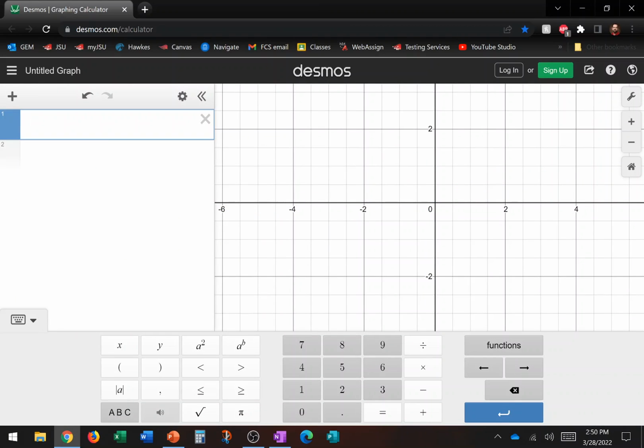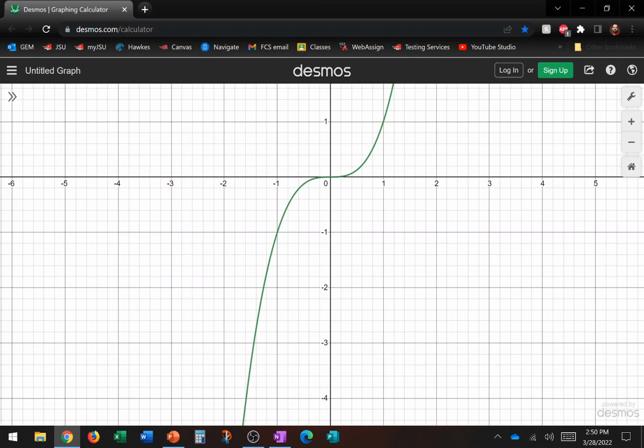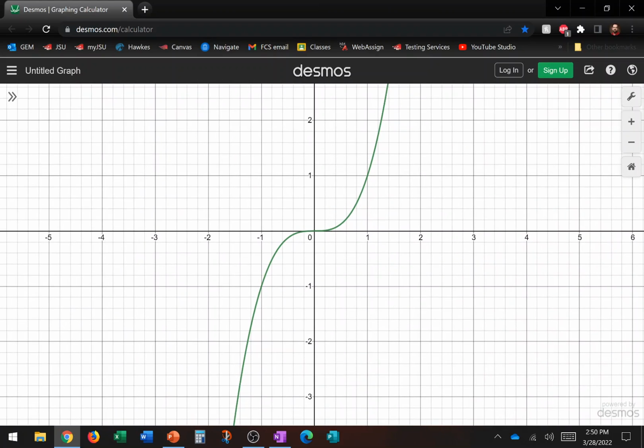If you want an easy one to try where concavity is not going to change, do x cubed. First derivative is 3x squared. Second derivative is 6x.